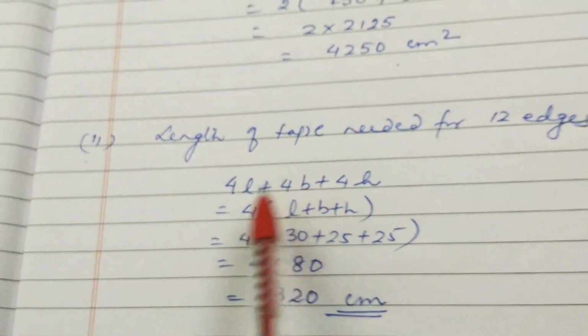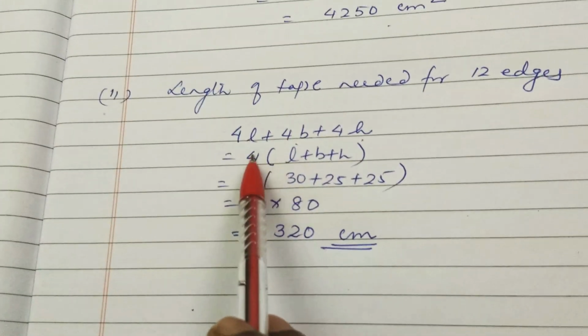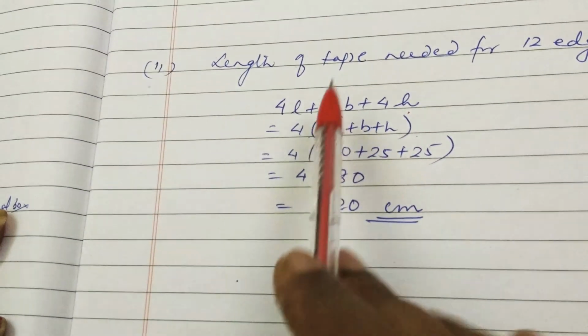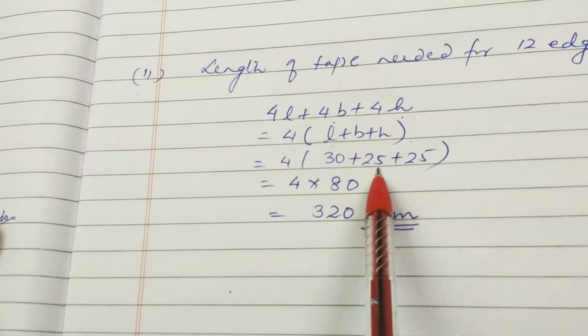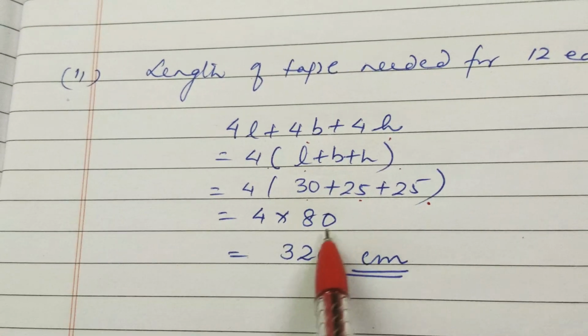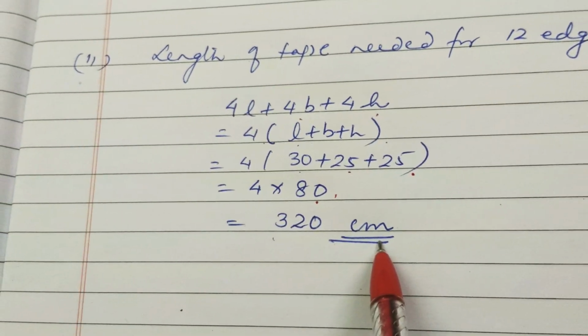So what we will do, we will find 4 times length plus 4 times breadth plus 4 times height. Or when you take 4 common, it becomes 4 into (L plus B plus H). L is 30, B is 25 and H is also 25. So when you add it, it becomes 80. So 4 into 80 is 320 centimeter.